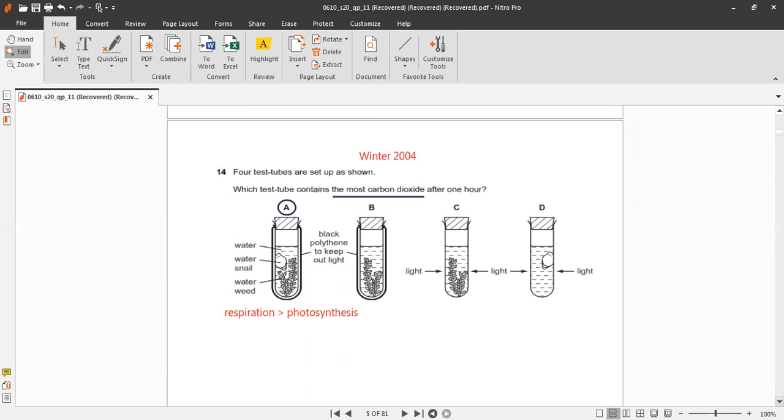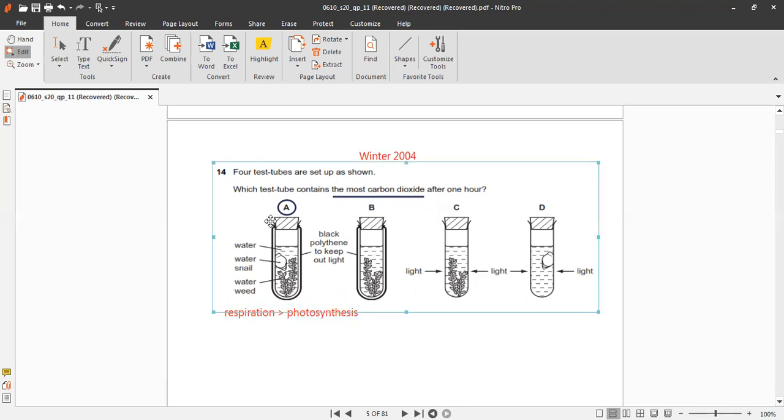4 test tubes are set up as shown. Which test tube contains the most carbon dioxide after 1 hour? A or B or C or D? Yes, the correct answer is A. Why A? Because the rate of respiration is greater than the rate of photosynthesis.